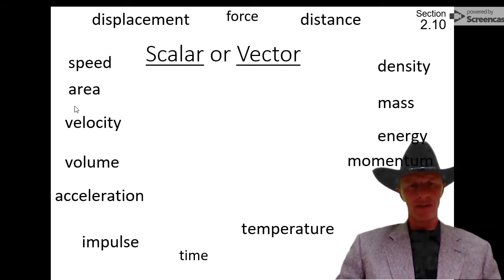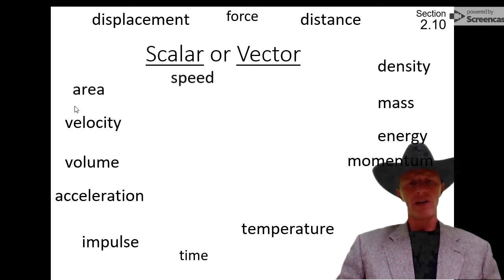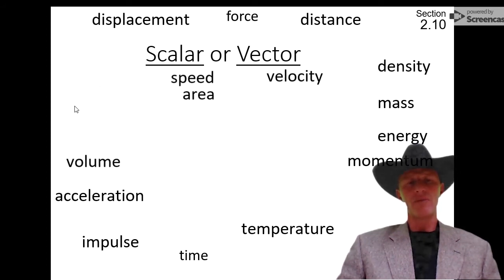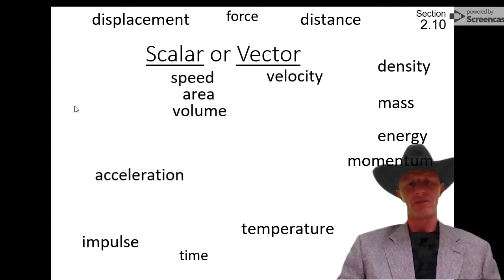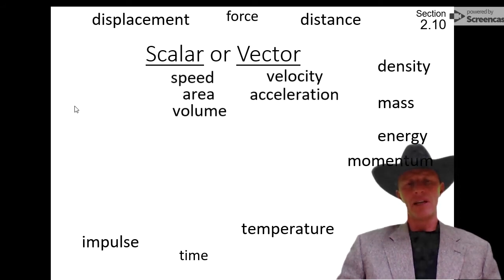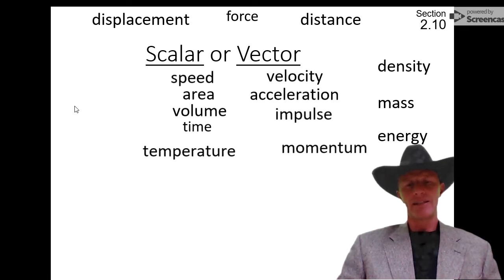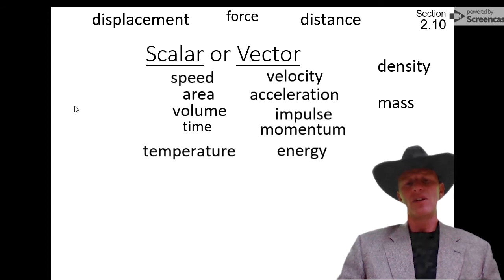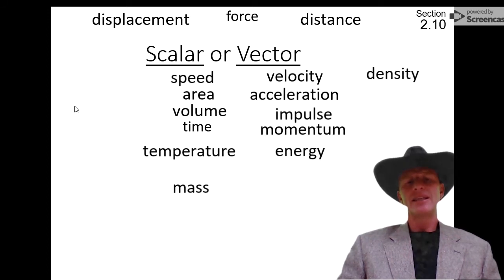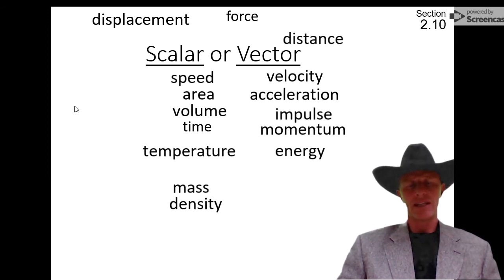So the big thing here is we got to try to figure out what quantities are scalars and what are vectors. You can see at the top of our list, speed and velocity. They both are measurements in meters per second, and velocity contains the direction that the object is traveling.